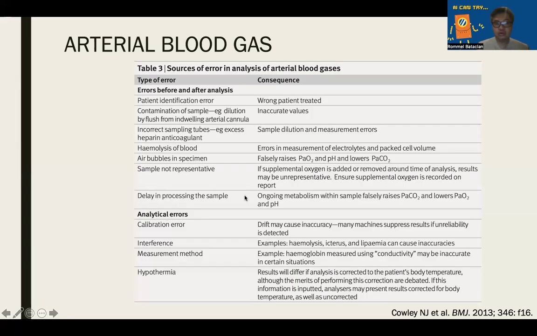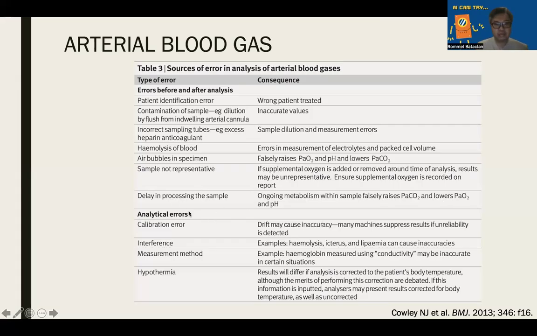There's also delay. If the analyzer is at a relative distance from where the patient is located, the syringe wherein the blood has been collected should be placed in a small cup with ice water so that it does not metabolize, because there's an ongoing metabolism that could happen, which would increase the carbon dioxide values and lower the oxygen values.